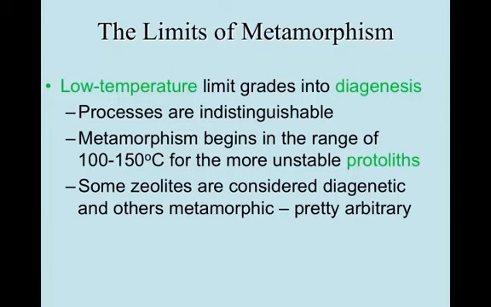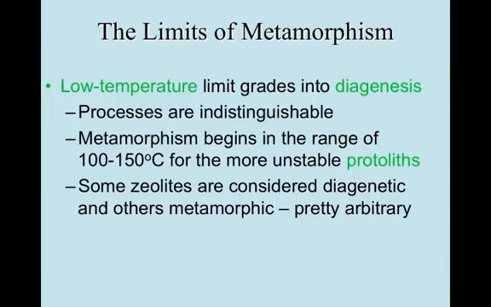Now I'll describe the low temperature and high temperature limits of metamorphism. On the low temperature end, metamorphism is grading into diagenesis, and the processes are indistinguishable, but we can think about metamorphism starting about 100 to 150 degrees Celsius for more unstable protolith.